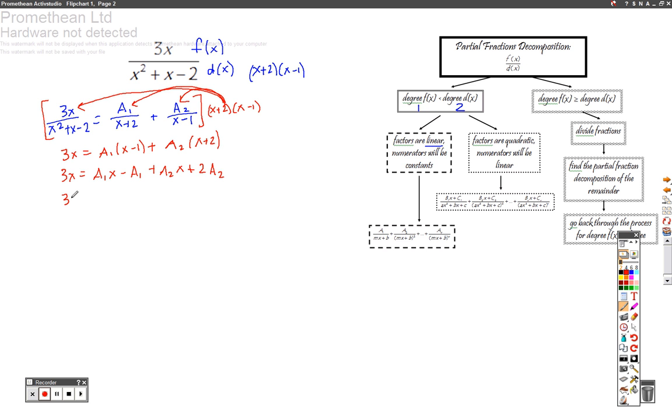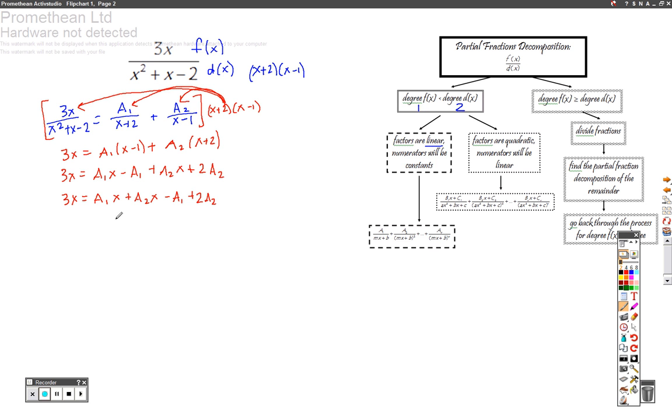So 3x is going to be equal to a1x plus a2x. And when I'm talking about like terms, these have an x and this one has an x. Minus a1, which doesn't have an x, plus 2a2, which neither one of these have an x.